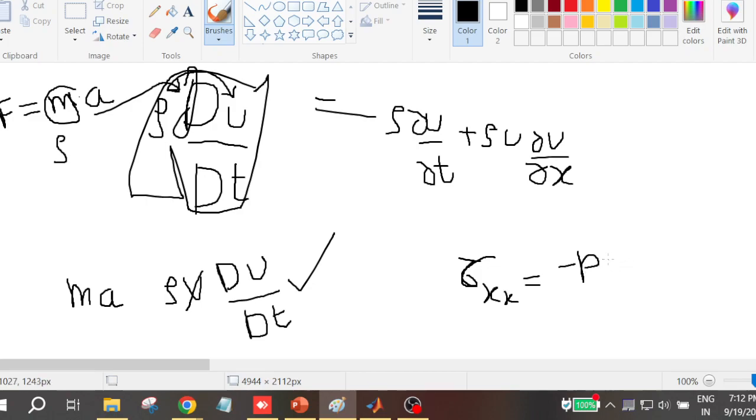In the conventional incompressible flows, 2 mu into dou u by dou x. Sorry, this is for incompressible flows. In compressible flows, you also get one more additional factor, minus 2 by 3 mu into the divergence of velocity.